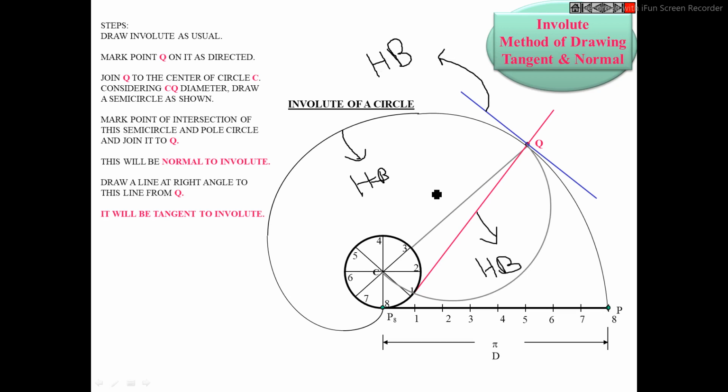Remaining all other construction, here also you can see that in order to draw tangent and normal you have done some construction, those constructions you have to do by H and 2H pencil. So this is the overall scenario of involute. Any doubt in this involute profile? No doubt, sir.